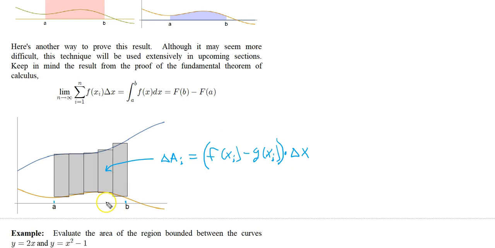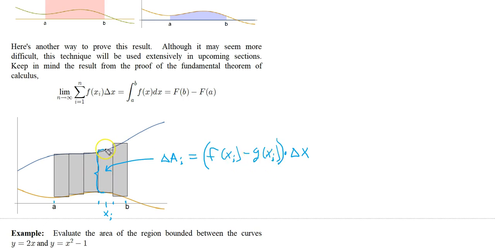So if I pick xi to be any value in the ith subinterval, that would be the interval going from here to here. f of xi is going to be the distance from here to here. g of xi would be the distance from here to here. And if I subtract them, we would get this distance right here, which is going to be f of xi minus g of xi.